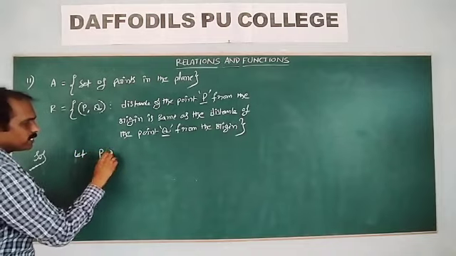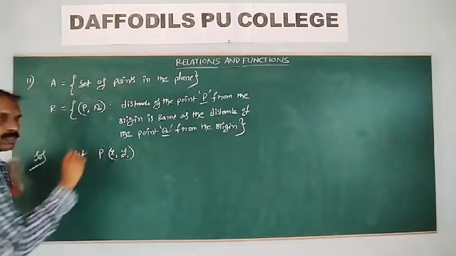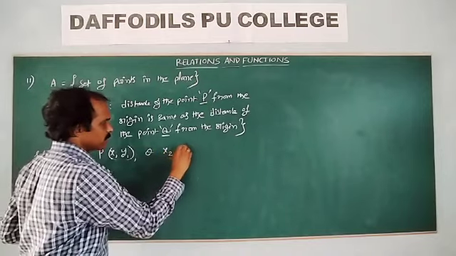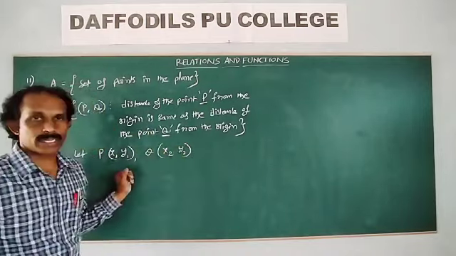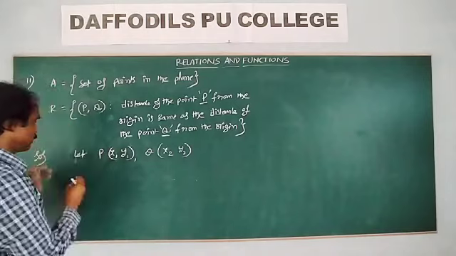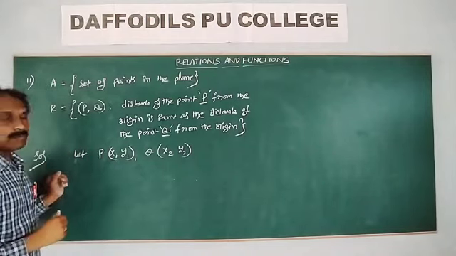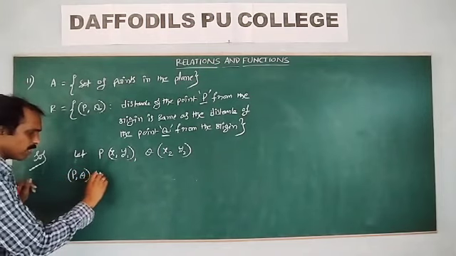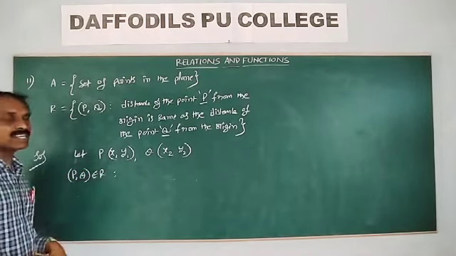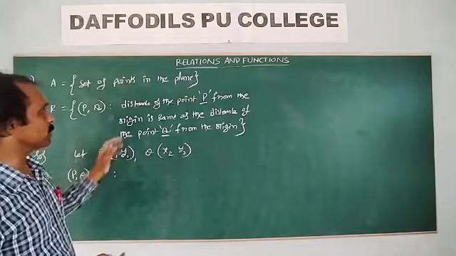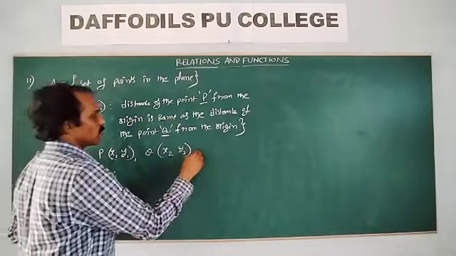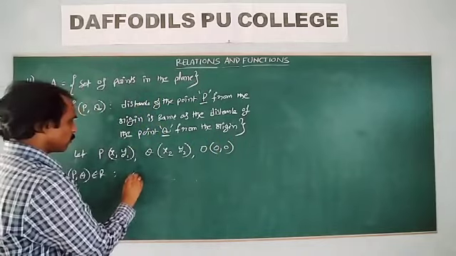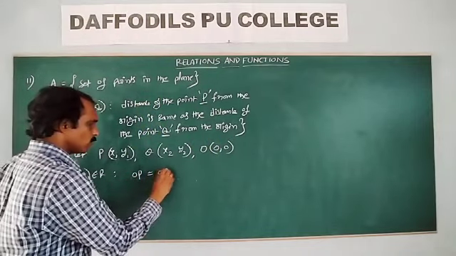Let P be the point (x1, y1) and Q the point (x2, y2). From the relation, (P, Q) belongs to R means the distance from the origin, which is the point (0, 0), is such that OP is equal to OQ.